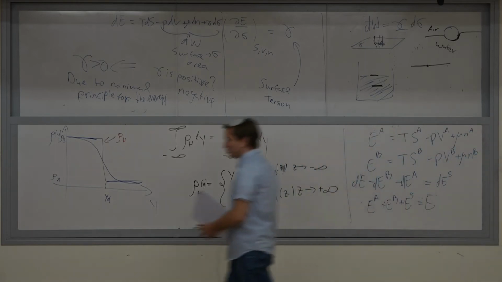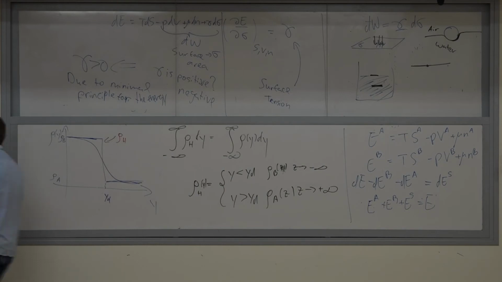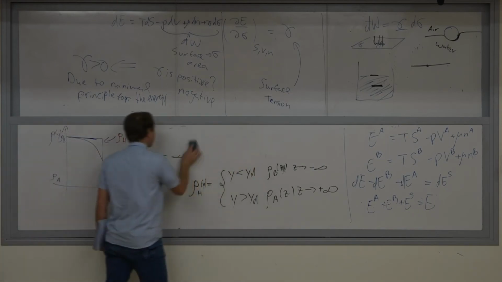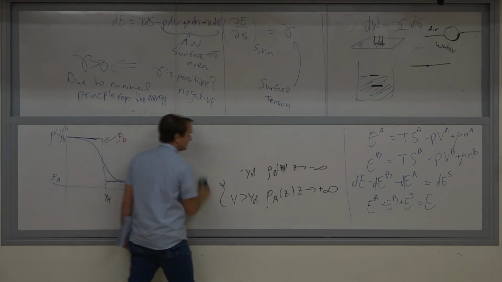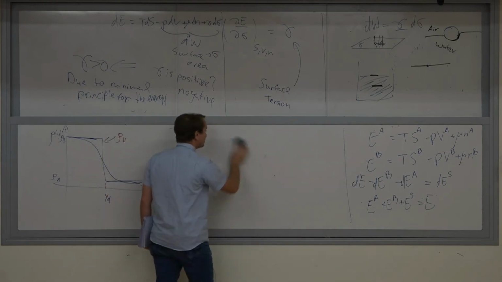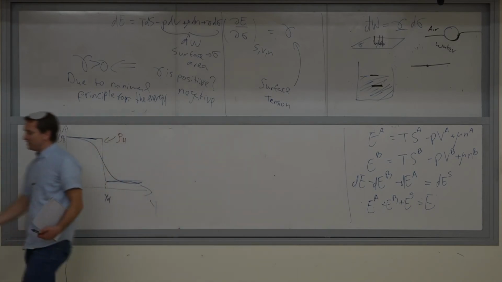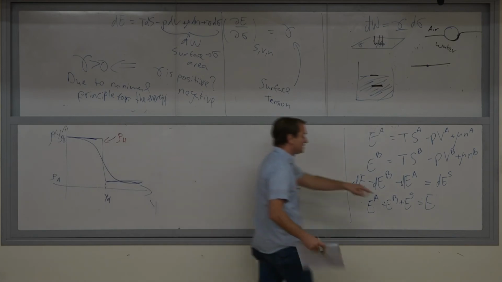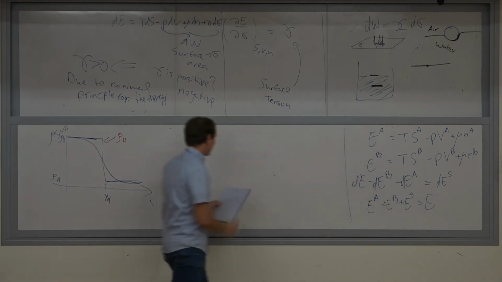So let's take the total energy, subtract from it the contributions coming from system A and system B, and eventually obtain the contribution that is solely from the surface over here. Okay.